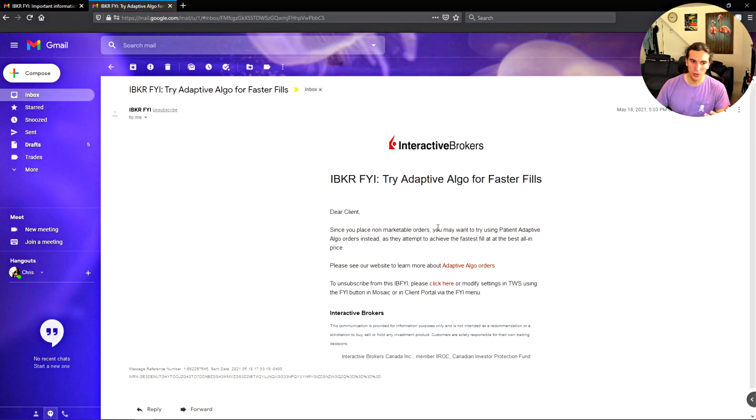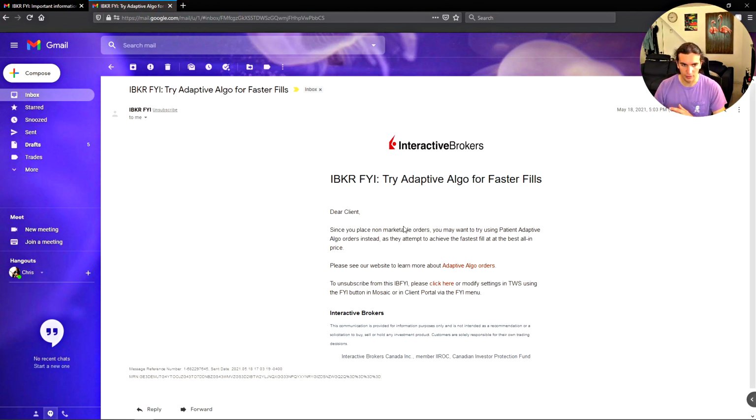So someone who doesn't know about trading that much and about scalping, they're going to look at this and they're going to say, okay, I'm going to try using an adaptive algo. There's nothing wrong with the adaptive algo, by the way, except for the fact that you're giving away an edge, which is selecting your price to trade at. Okay, now what's happening here when you use an adaptive algo? Again, your order is getting routed to IB's systems.